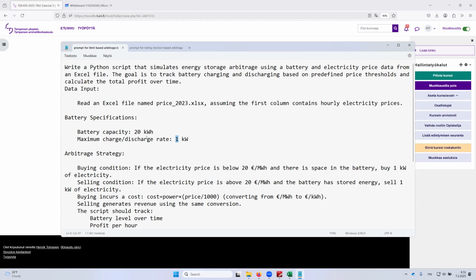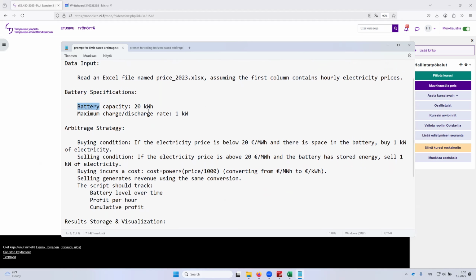So it could be, for example, this 20 kilowatts or 10 kilowatts in that range. But we can also utilize some other kind of energy storages, so it doesn't have to be a battery. So that's why I chose something like this. But of course, this in that sense is a bit misleading. But either way, capacity and maximum charge and discharge rate.